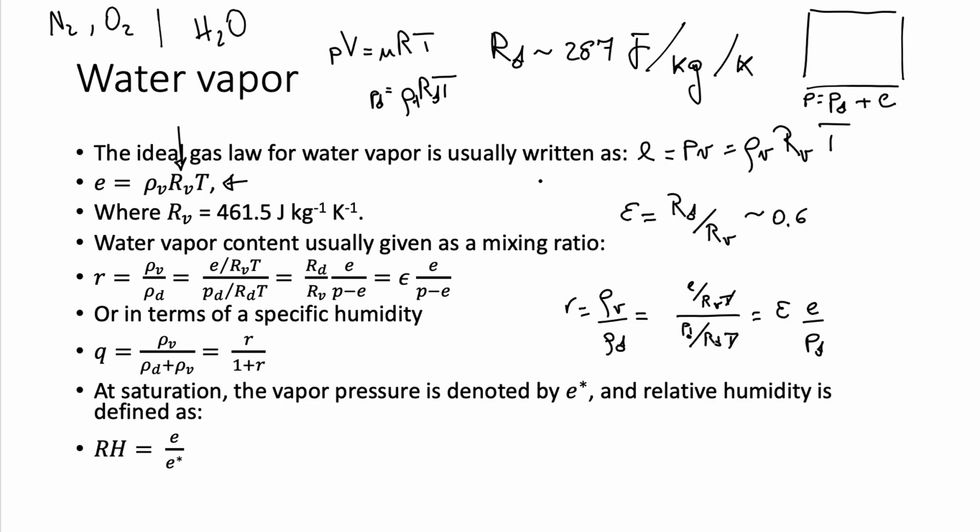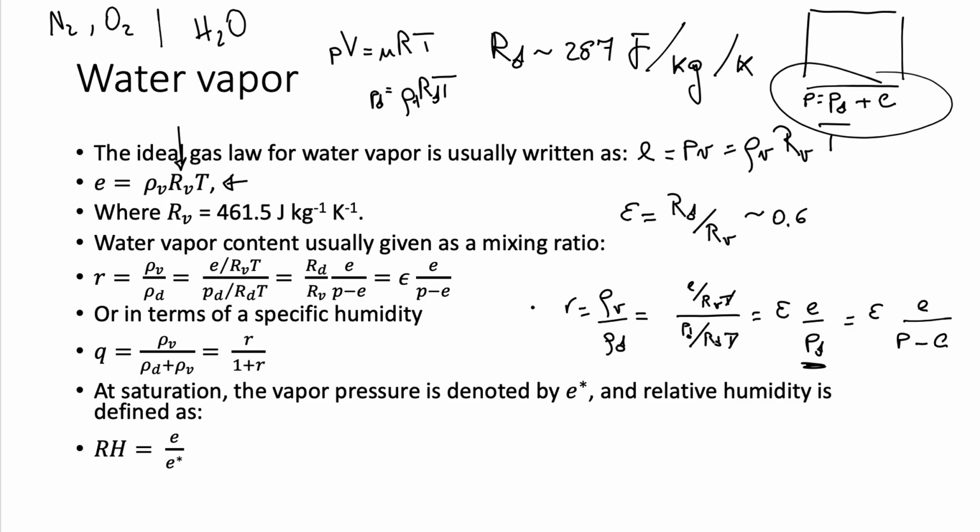Let's say that the mixture is well homogenized. And so the mixing ratio, the amount of water vapor, is proportional to the fraction of the pressures. We don't know how much p_d is, or we don't know how to express it. But we also know Dalton's law, which says that p_d is p minus e. So we can always rewrite this as e divided by p minus e.